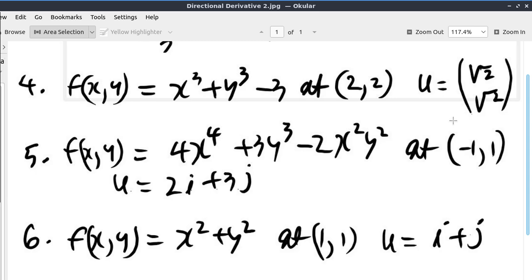Alright? Where, of course, the element in row 1, the top, is in the i direction and the bottom one is in the j direction, right?